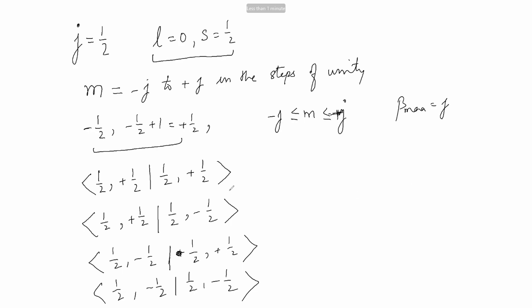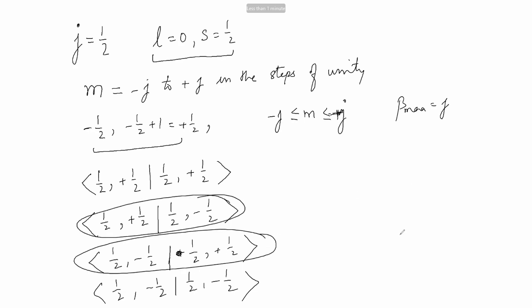Then you will argue that, sir, these states are something like J M, J prime M prime.